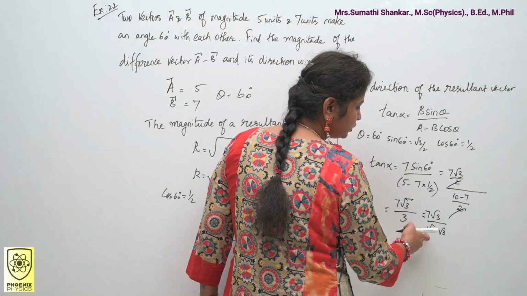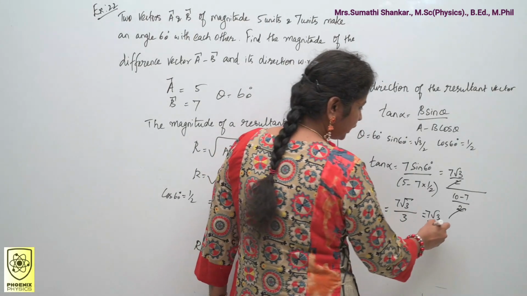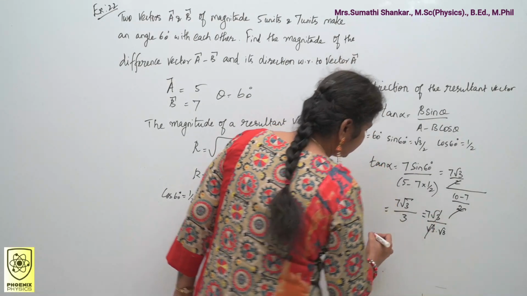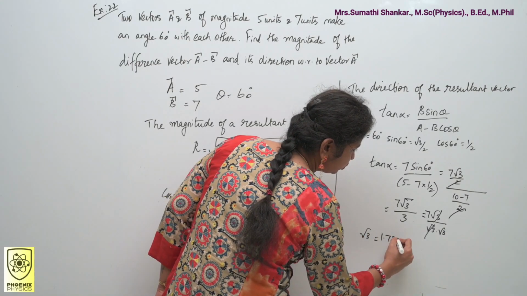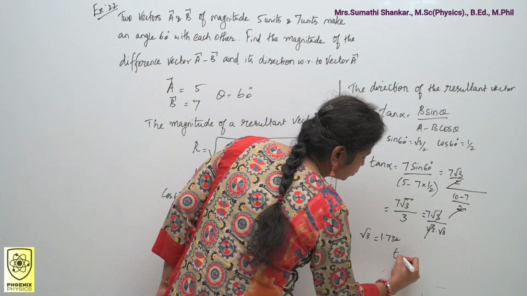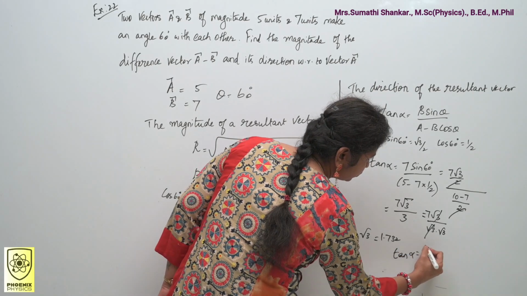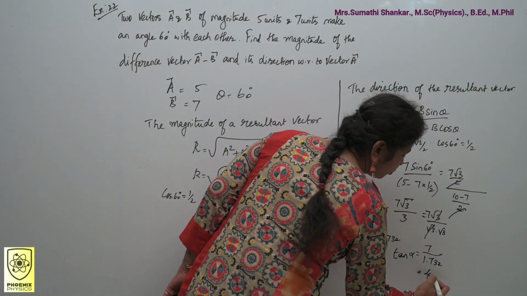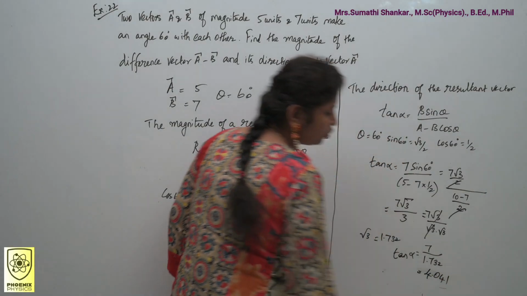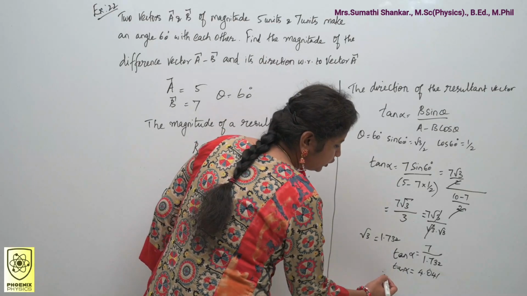Just multiply these two, you can get 3. Cancel this root 3. You know the value, root 3 is equal to 1.732. Substitute the value. So tan alpha is equal to 7 divided by 1.732, that is 4.041.